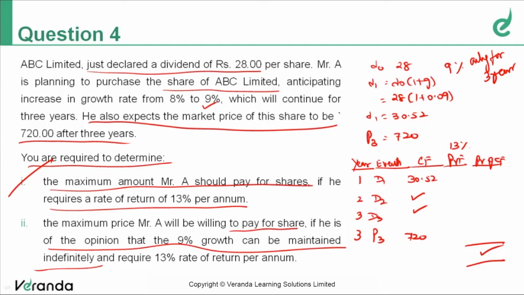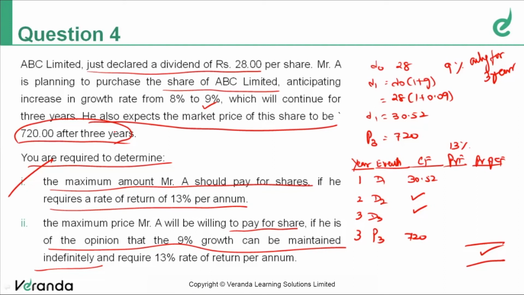Though it is not explicitly stated, because they said 720 is the expected price by the third year, we should understand that the growth rate is applicable only for 3 years.